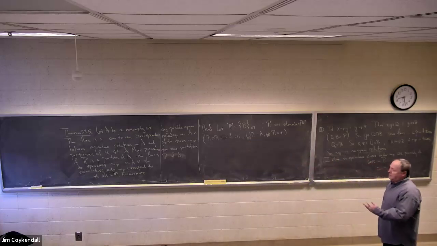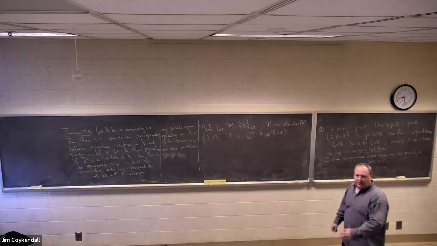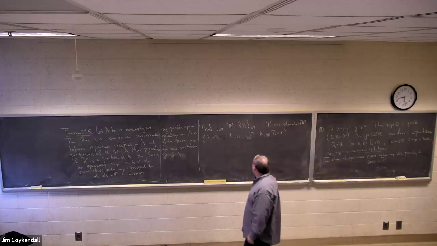So these are the elements of my partition, right? I claim that these are the equivalence classes.